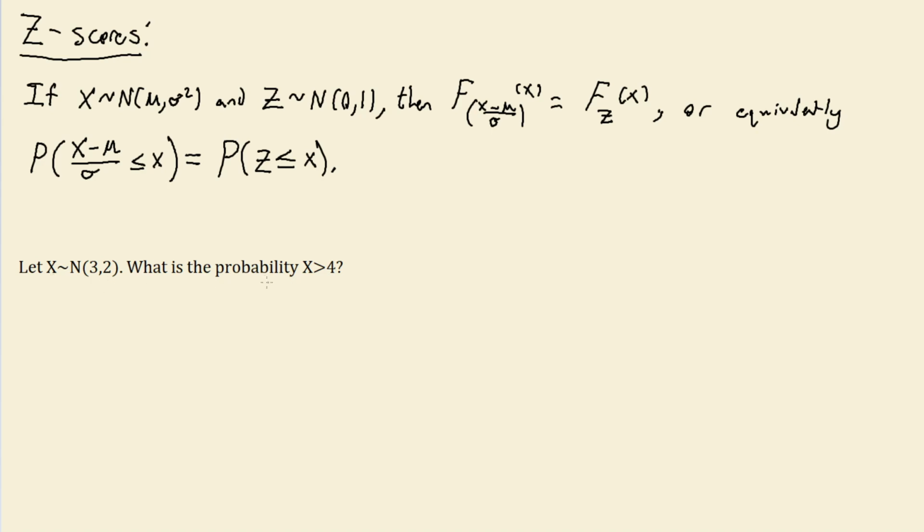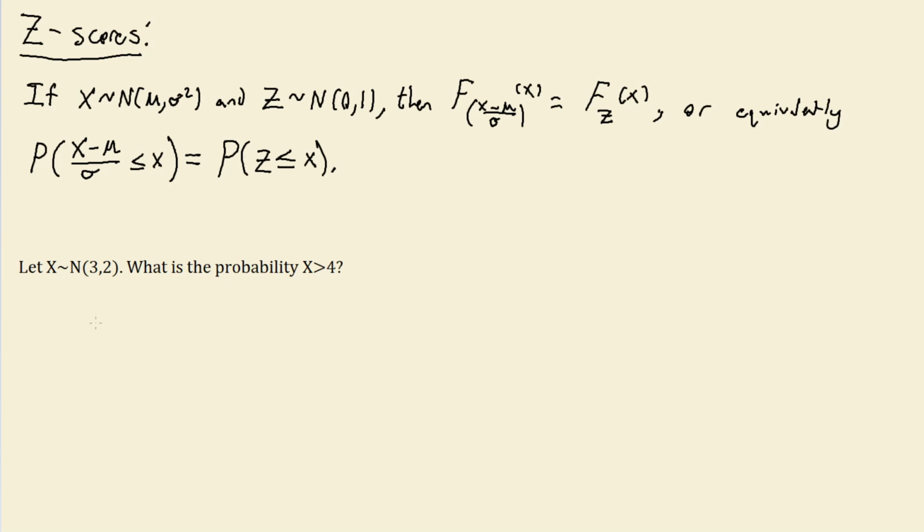Just to illustrate this, if x is a normally distributed random variable with a mean of 3 and a variance of 2, what is the probability that x is greater than 4? And so how would we solve this problem? Well, we have two options. We could plug in 4 to the cumulative distribution function for this variable.